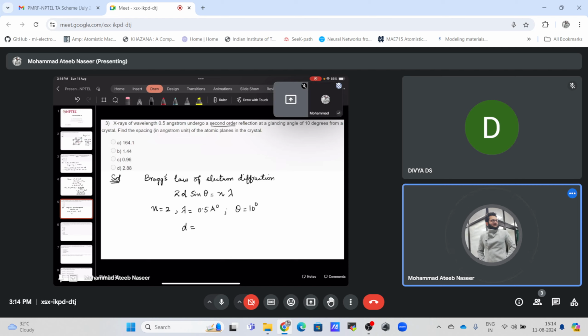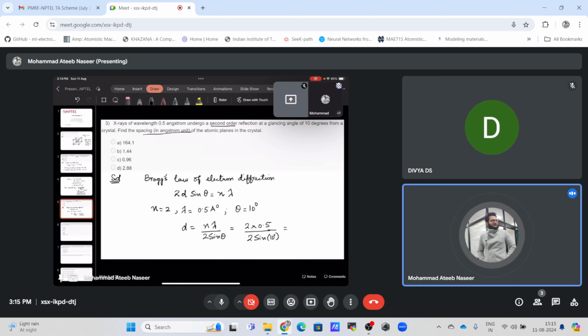d is simply n lambda by 2 sine theta. We have to find this in angstrom units, so let's keep lambda in angstrom itself: 2 times 0.5 divided by 2 times sine of 10 degrees, which is simply 0.5 divided by sine of 10.